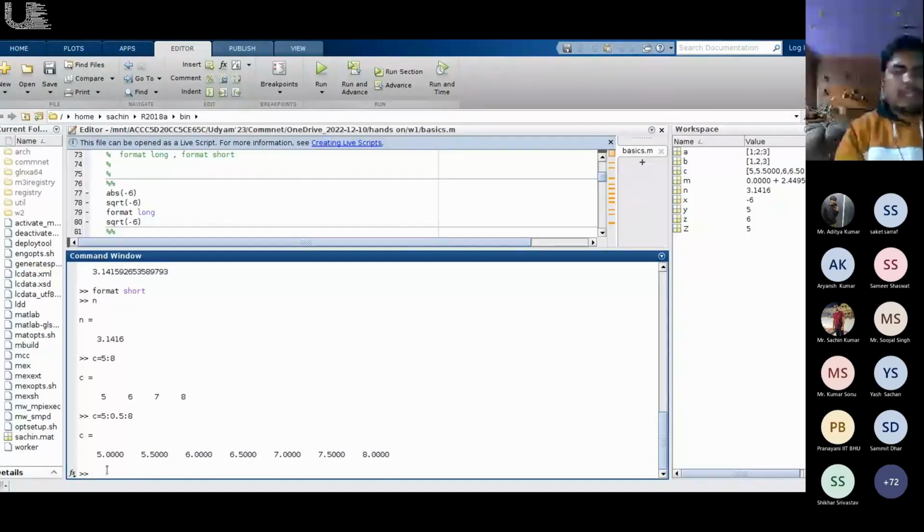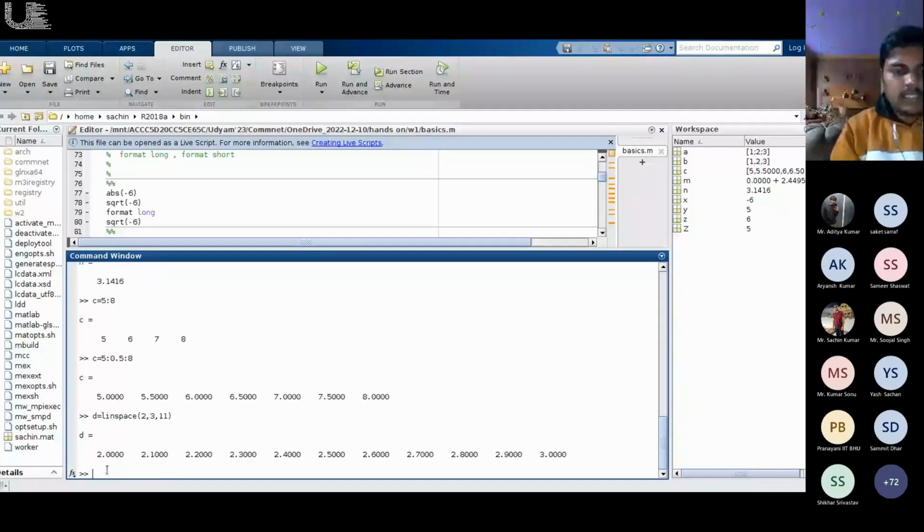If we don't know the difference, and we know only the number of elements between 5 and 8, then we can use another property, that is linspace. Let's say d is equal to linspace. You can see it has created 11 elements including 2 and 3.